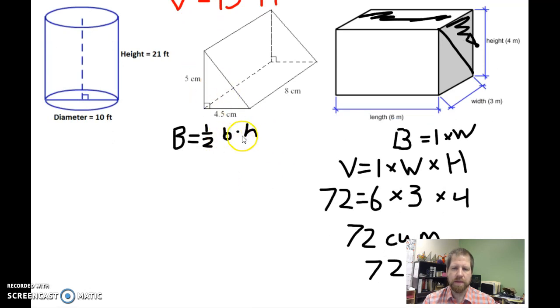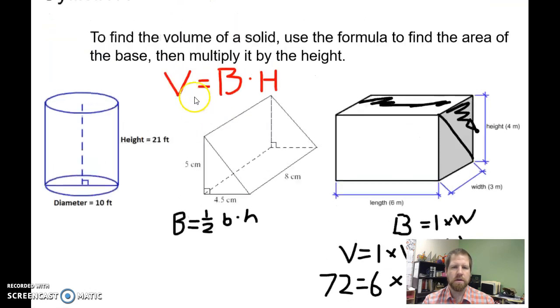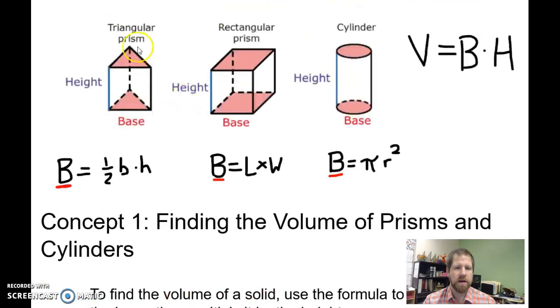So I'm going to plug in my base and my height. It doesn't actually matter which is my base and my height here, but if we look at our triangular prism here, this side length right here is not the height, okay? We're talking about the height of just this base.